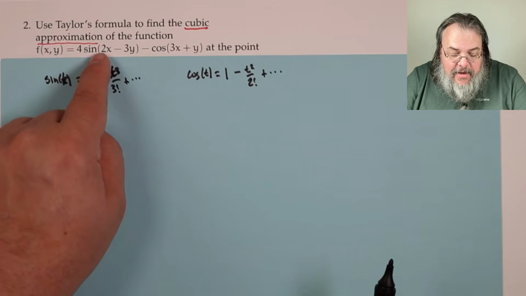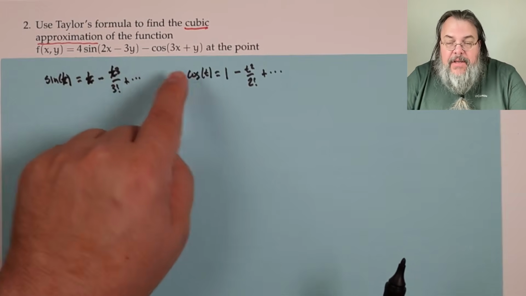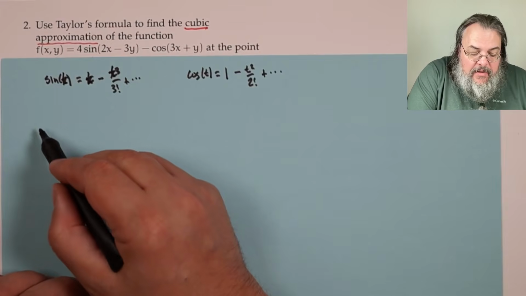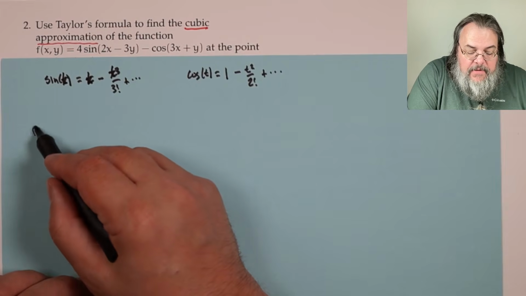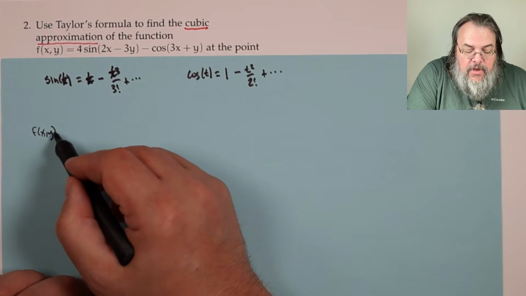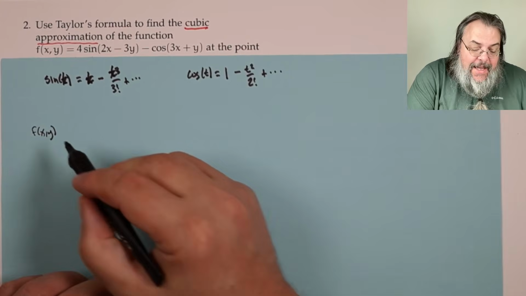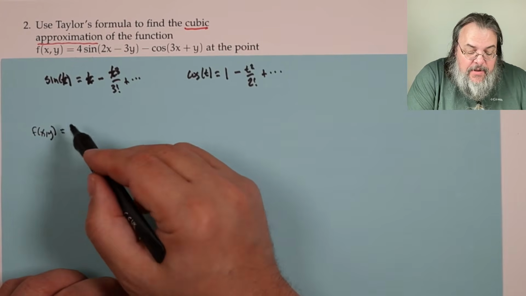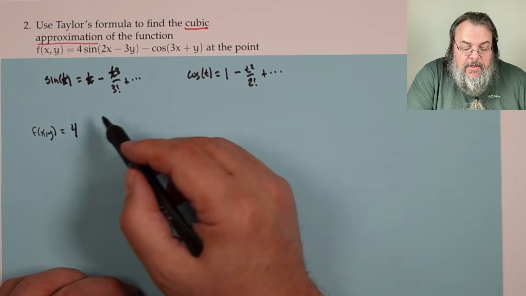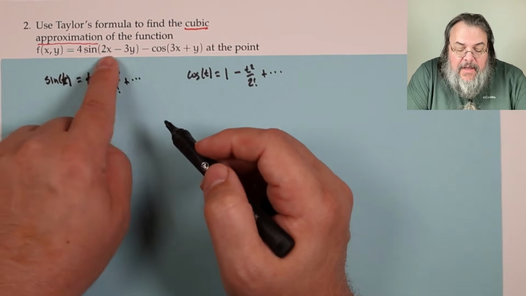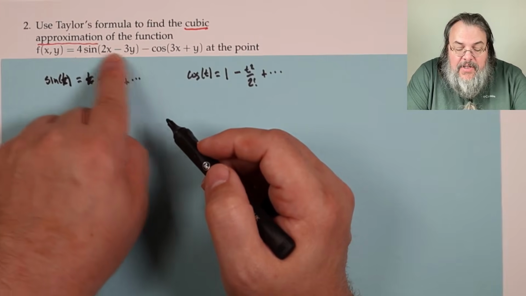Now, because these are ax and by kind of pieces on the inside, we could say that f of xy we can rewrite as a polynomial. As a polynomial, this becomes 4 times sine of this piece, which is acting like our t.